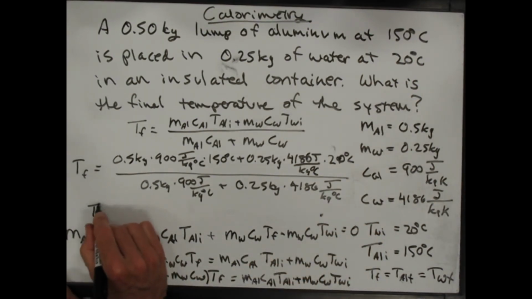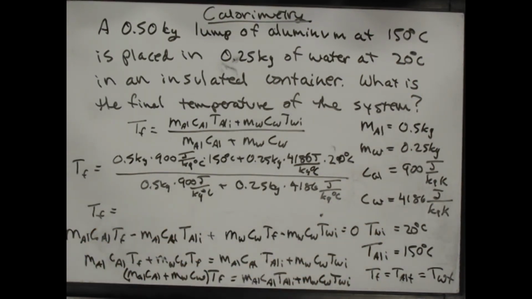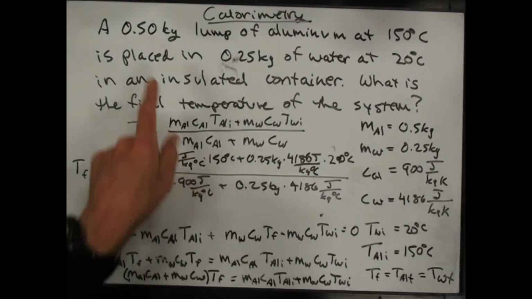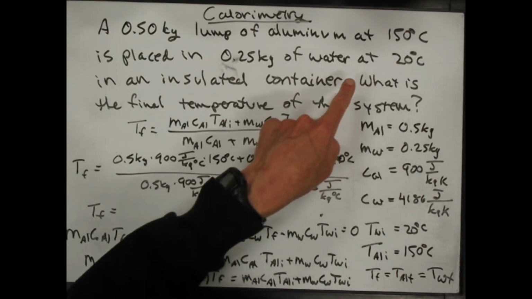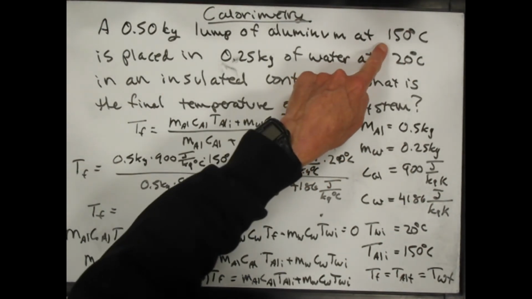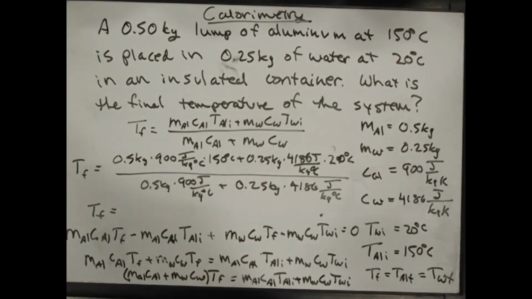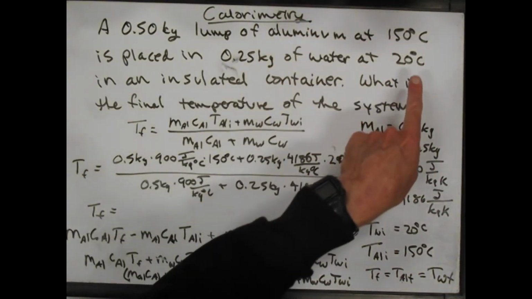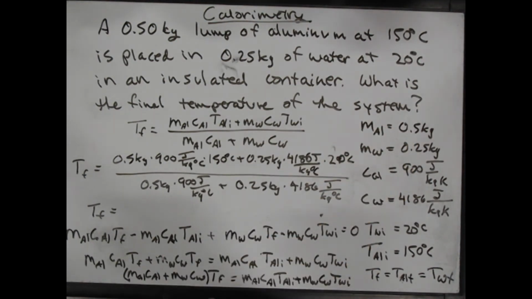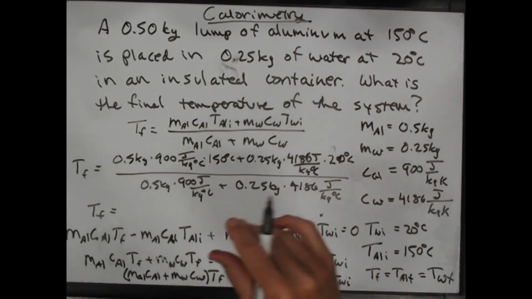And when I calculate all that out, we should have some idea of what this number is going to be. You should have some sense of whether the number is going to be closer to the 20 or closer to 150. First of all, I think we can all agree, hopefully, that it's between 20 and 150. So if you're taking the multiple choice test, you can rule out the numbers that aren't there.